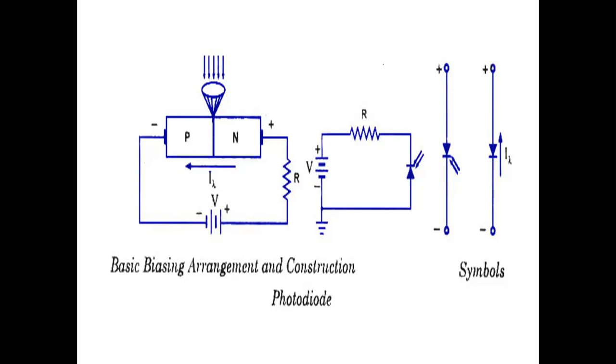Means when the light falls on this junction, what will happen? Temperature here increases. The light photons will bombard the silicon atoms present in the PN diode.